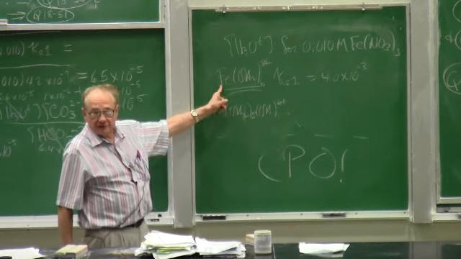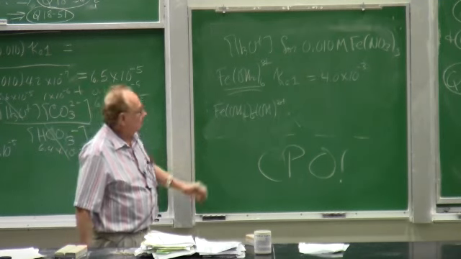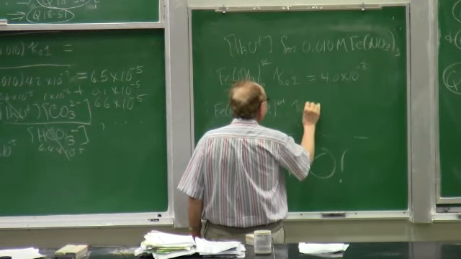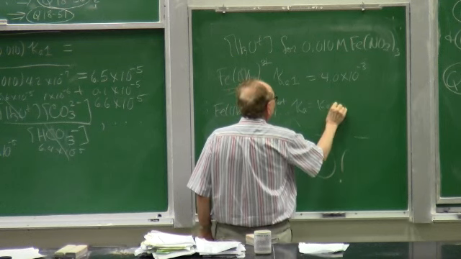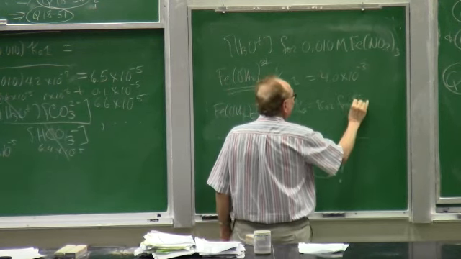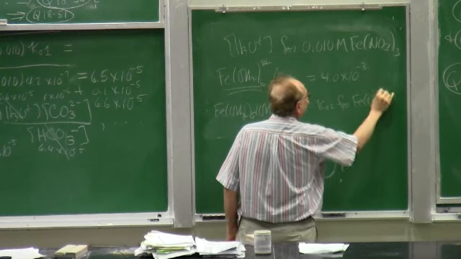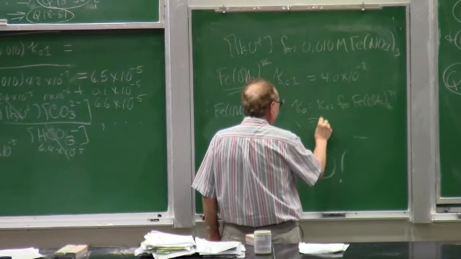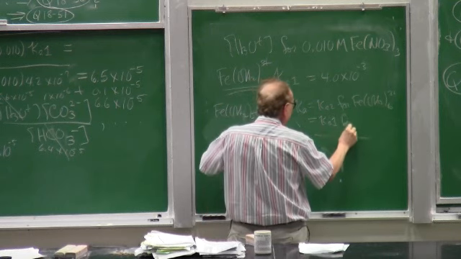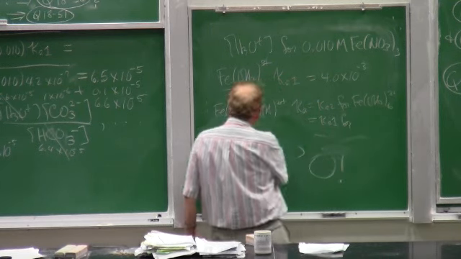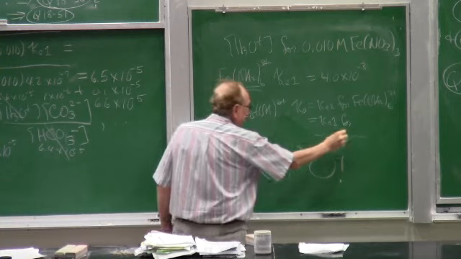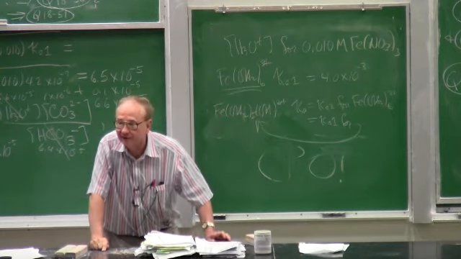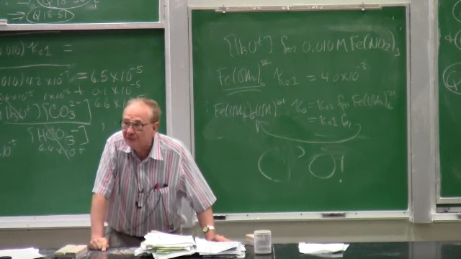And after this loses H plus, you got this. Ka for this is Ka2 for this, and Ka1 for this. Now we'll take a look at why this is very special fun.